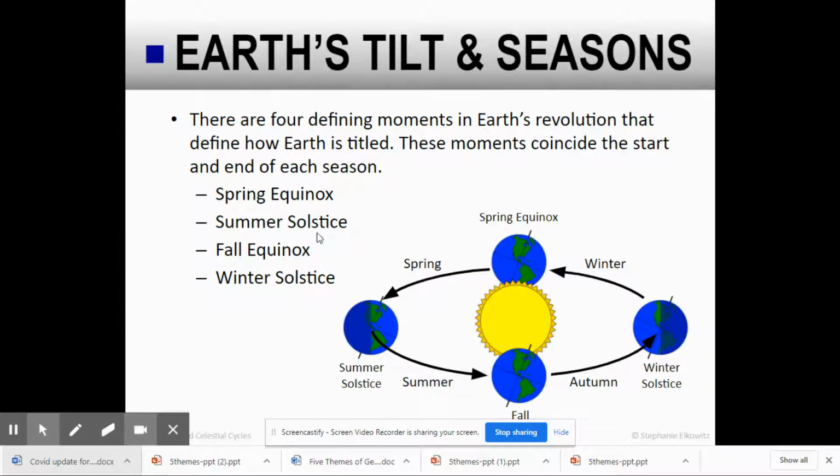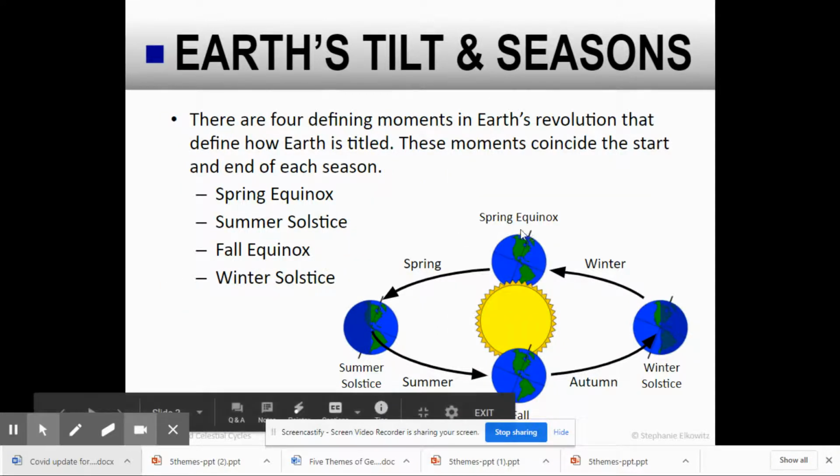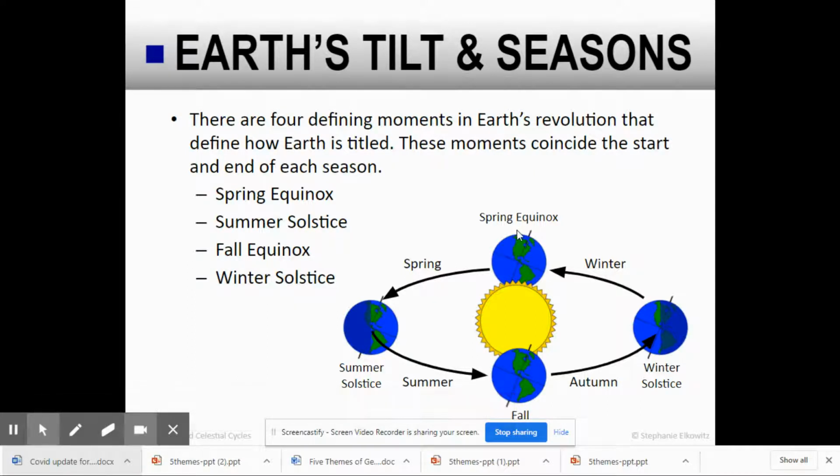So, really pay attention to the four positions here. There are four defining moments in Earth's revolution, which is the orbit around the sun. These moments all line up with the start and end of each season. So we have a spring equinox, summer solstice, fall equinox, winter solstice.